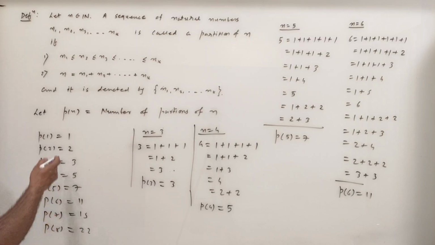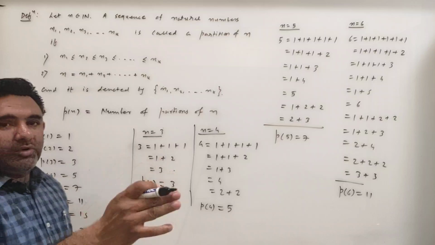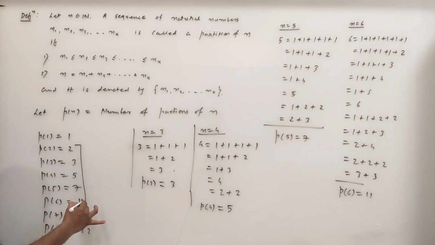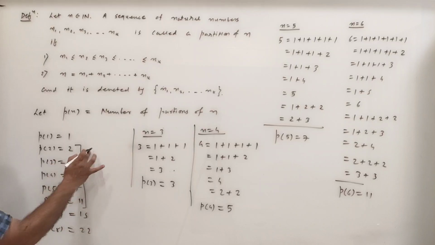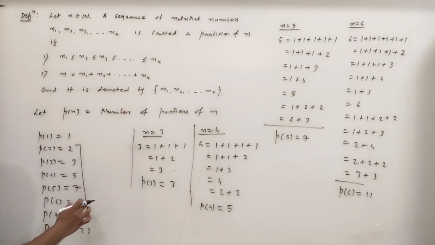So you just remember up to 1 to 8, and to remember P of 1 is 1, it is easy to remember because 1 has only one partition. Then if you look at 2, 3, 5, 7 and 11, then 2 is the first prime, 3 is the second prime, third prime, fourth prime, and this is the fifth prime.